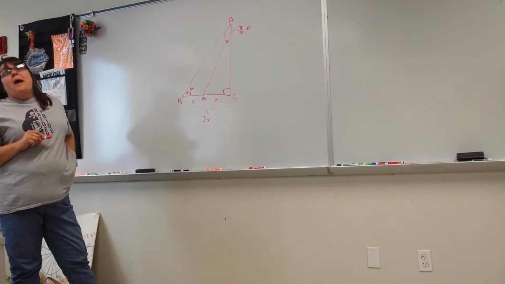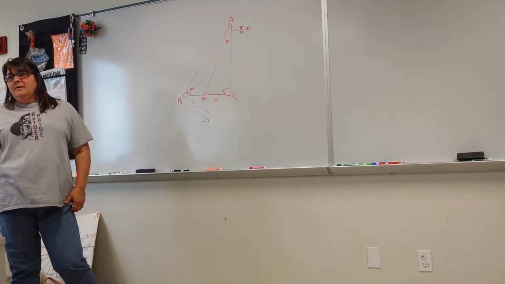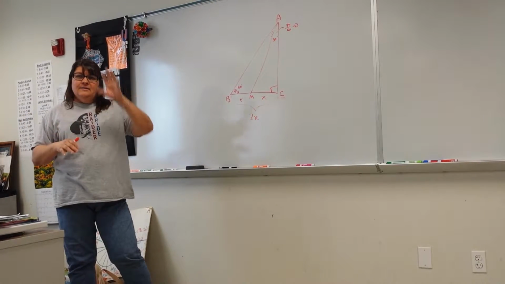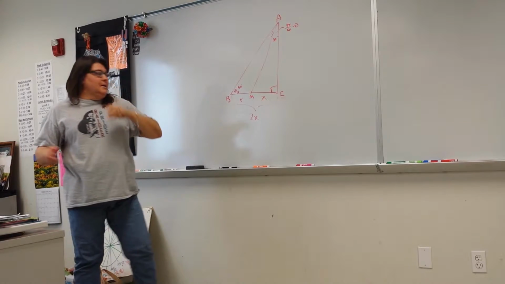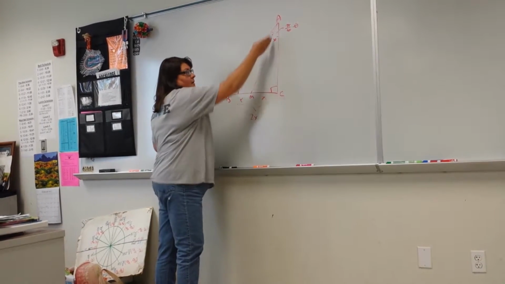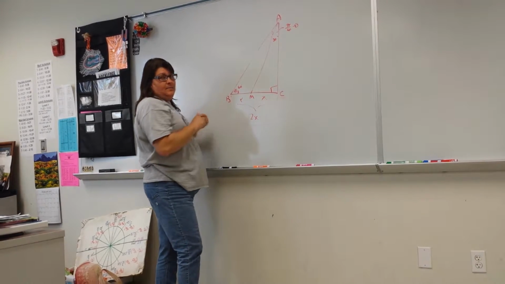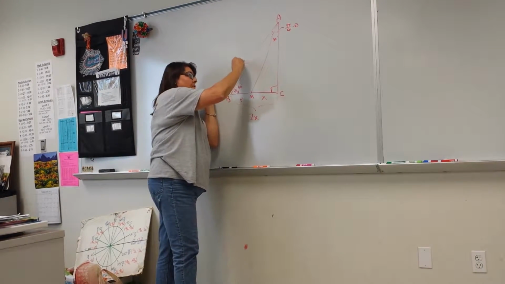Now, if I know this is a 30-60 right triangle, I know there are special numbers that go along the sides. It's 1, 2, square root of 3. Does that make sense? So this, across from 30, is times 1. Hypotenuse would be times 2. So if this is 2x, then this is 4x.